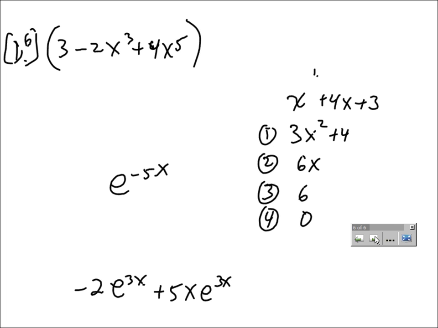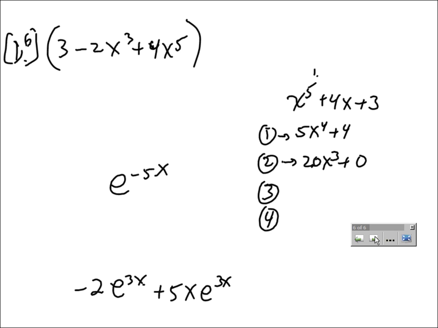If you had x to the fifth, you're going to have to take 6 derivatives. The first derivative will be 5x to the fourth plus lower terms. The next derivative will be 20x cubed plus possibly lower terms.